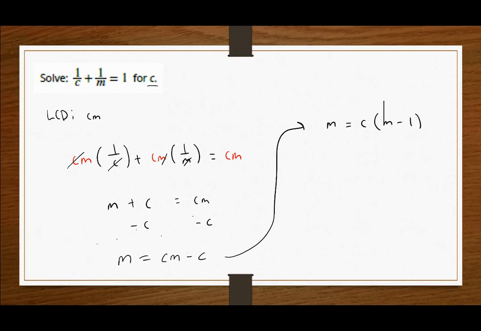So the last phase here is to divide each side by C, or excuse me, by the other factor here, my binomial, M minus 1, to get our variable all by itself.